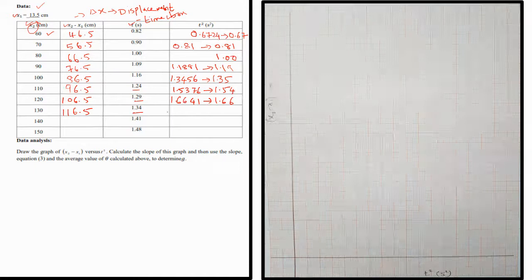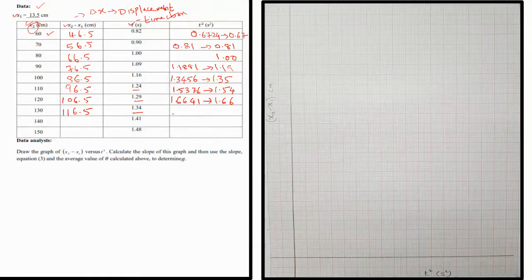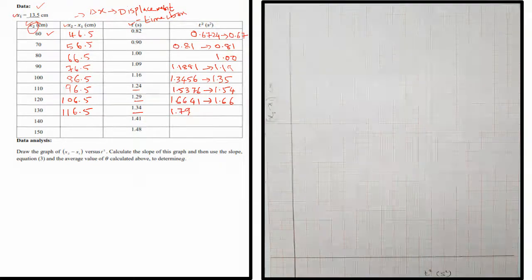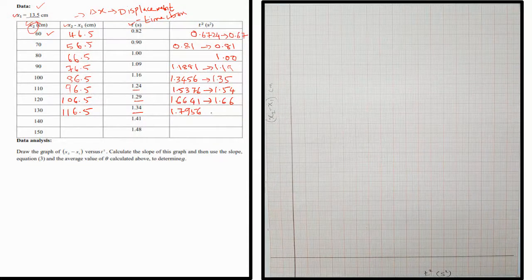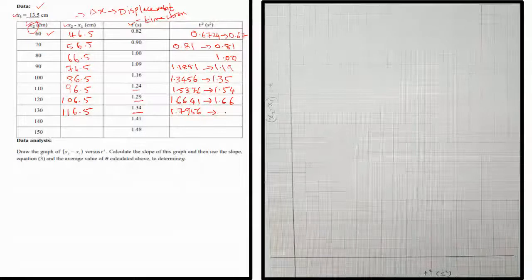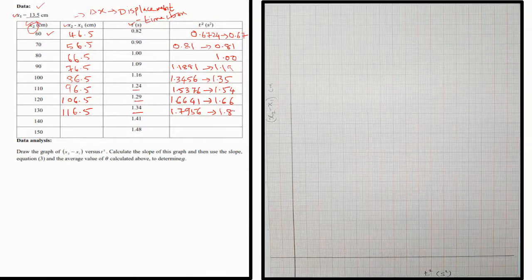When you square 1.34, it becomes 1.7956. Am I right? Because our third digit is 5 or more, we have to round the previous number. So you will get 1.80. Am I right?